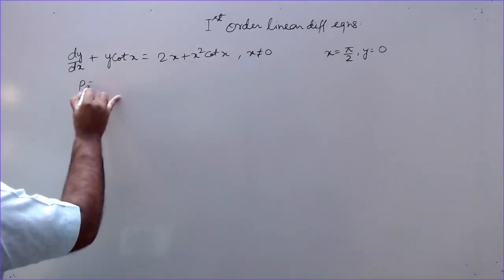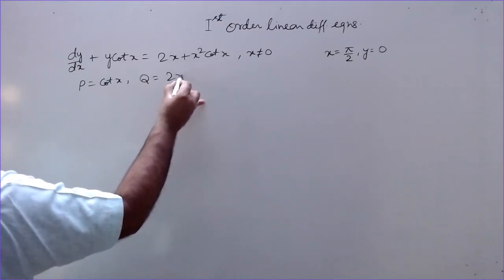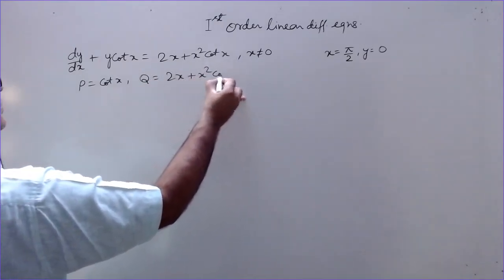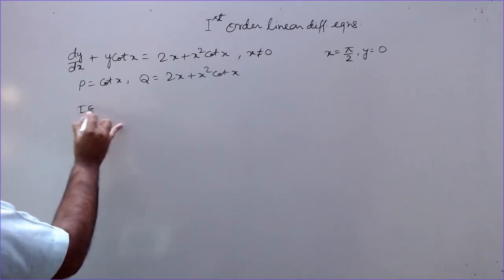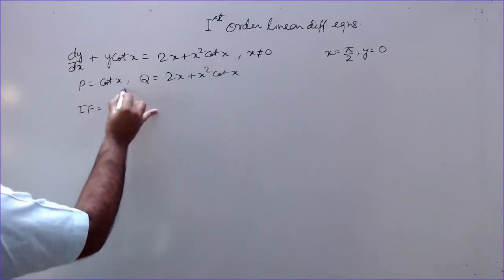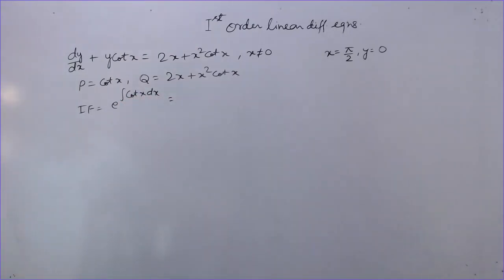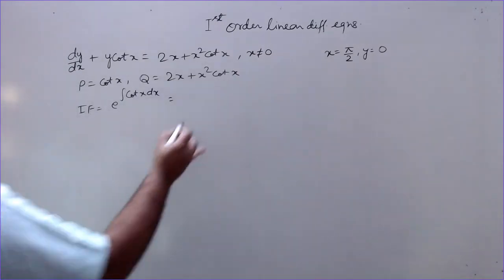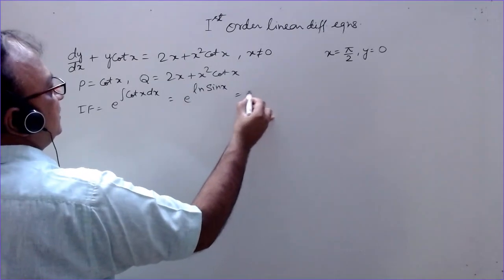So p is cot x and q is the right side, so the integrating factor is e to the power integral cot x dx, and you know that the integral of cot x is log sin x, so this is sin x.